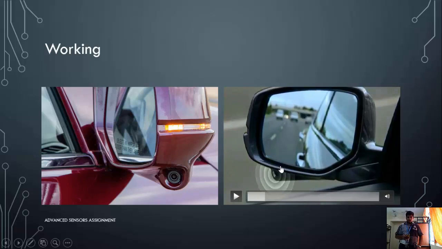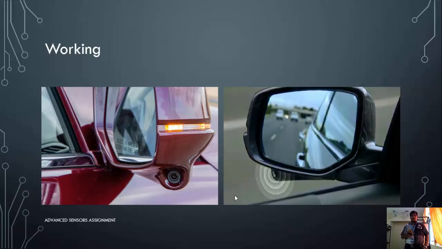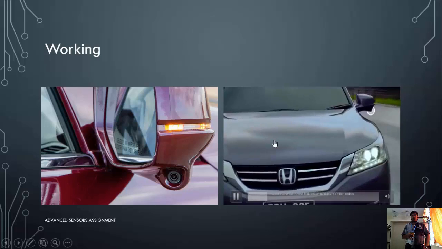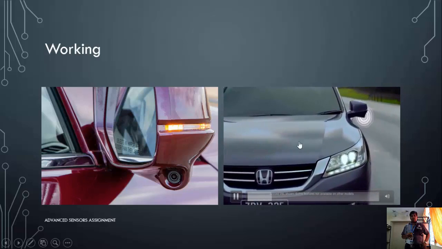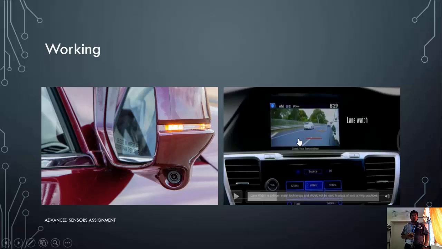Here, this camera produces a predefined range, and you can observe up to what range the camera covers, and we can see the range through the visual output. In a market first, the Honda Accord's lane watch camera uses the display.